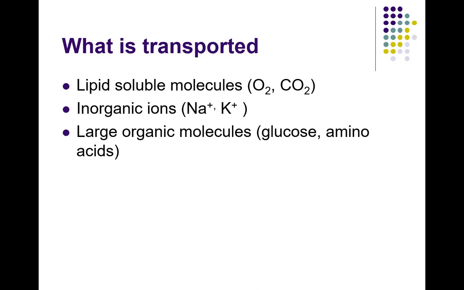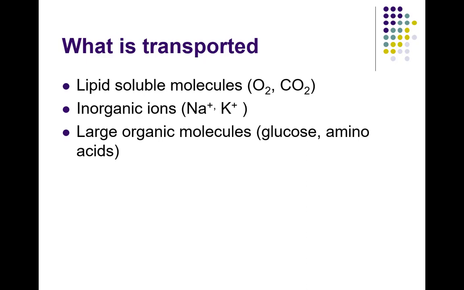If you had something that was lipid-based, even if it was bigger than those molecules, it could pass through because it's lipid-based. If you have something like an ion, remember, an ion is a charged particle. It could have a positive charge or a negative charge, but it does carry a charge because it has either lost or gained electrons. So in the example here, it's showing sodium and potassium. Sodium is a positively charged cation, and that means that it has lost electrons, but it does carry a charge.